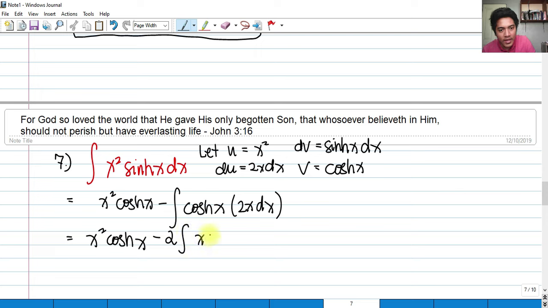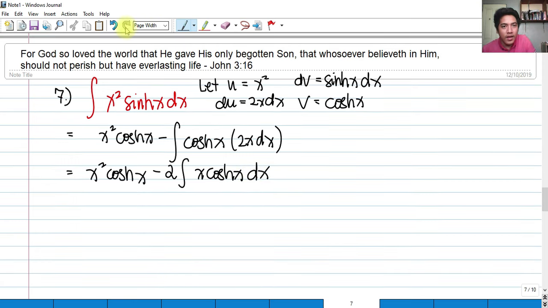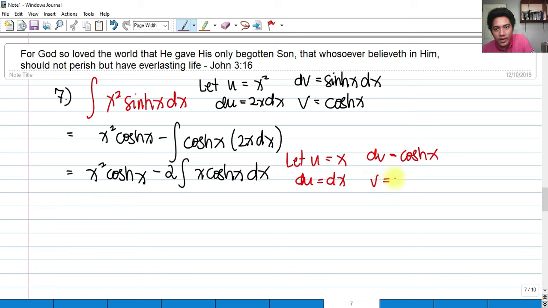So I have x hyperbolic cosine of x dx here. And this is again an integral yielding another integral, so we have to let another u and dv. We let u equal x, du equal dx. Our dv again is hyperbolic cosine of x, and our v is hyperbolic sine of x.